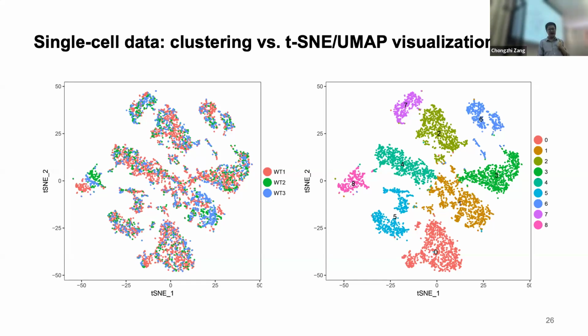Using that algorithm, one can see that some cells, because they want to keep the global pattern, may be distracted to go to the wrong places that they shouldn't be. So again, t-SNE and UMAP is just for global visualization. It's not for you to pick on different cells. And whether cells belong to the same cluster or not, always use a separate algorithm to do the clustering.